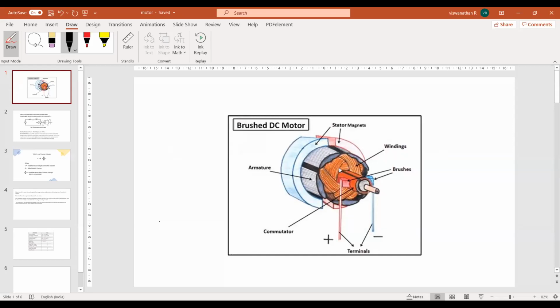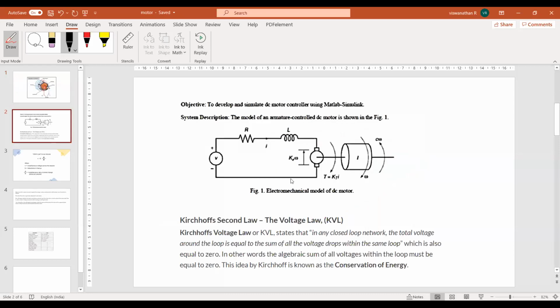Okay, now we'll start mathematical modeling of this DC motor. First, we'll take a brushed DC motor. So what is a brush and all those? You just look into those videos, you'll get to know what is the role of the brush there, and what is a brushless motor, what is a brushed motor, all those. Okay. So here, this is the circuit of this same motor.